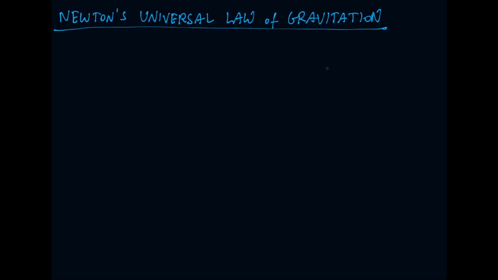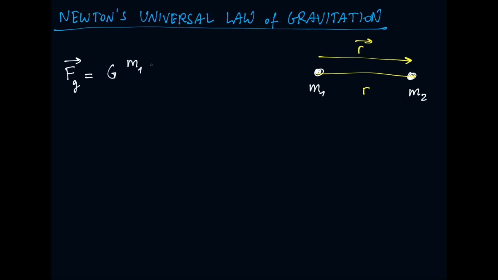I'm sure you know this already, or you've seen it somewhere. If you have two masses, m1 and m2, at a certain distance r, or this is the vector r if you want to look with vectors, then the gravitational force between the two, the force of gravity, Newton says, is big G, the product of the two masses, divided by the distance squared, along the direction of r with a minus sign.